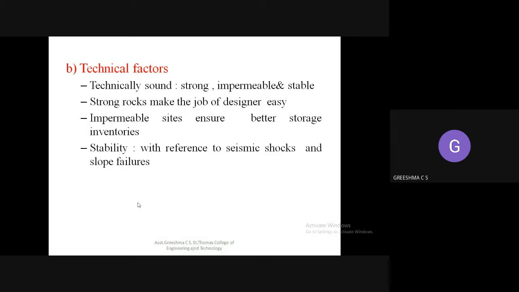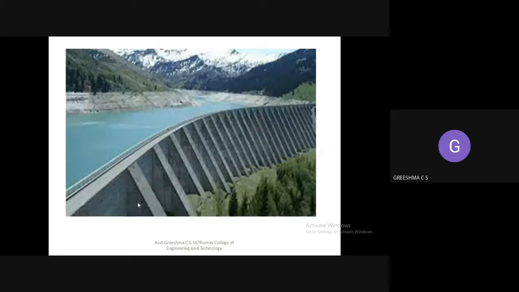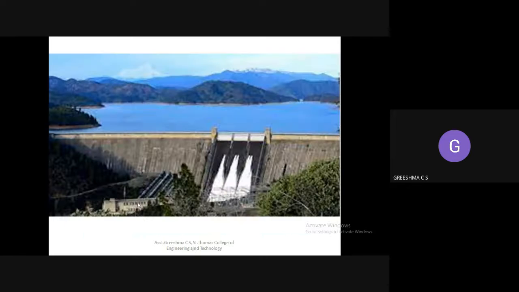Next one is stability. It is very important that the land should not be prone to any seismic activities. Seismic means earthquakes, landslides. So the land should not be prone to any kind of natural calamities. Imagine if there is an earthquake at such a big site. This is a dam site you are seeing.